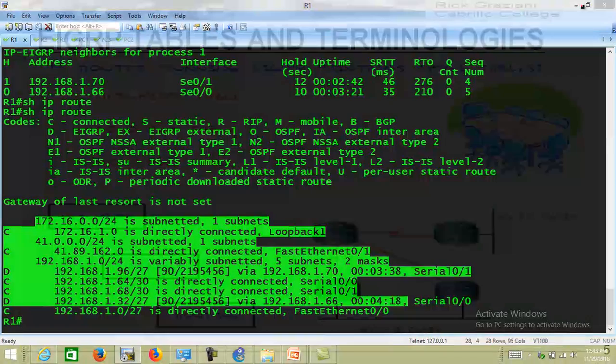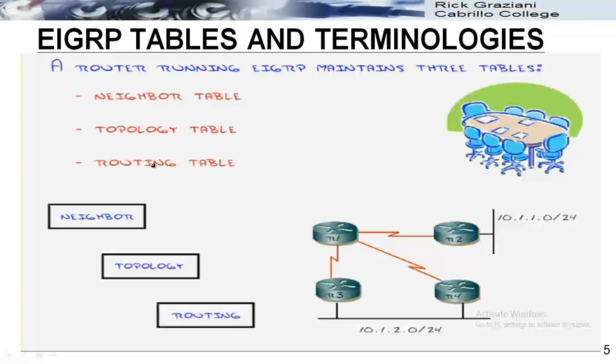So if every 30 seconds you're flooding the whole routing table to your neighbors, that's not very efficient. So advanced routing protocols like EIGRP and OSPF send a simple hello packet as a keepalive mechanism. And if there is a change on the network, there's always a triggered update, and I think we have seen those packets. So that's the neighbor table.